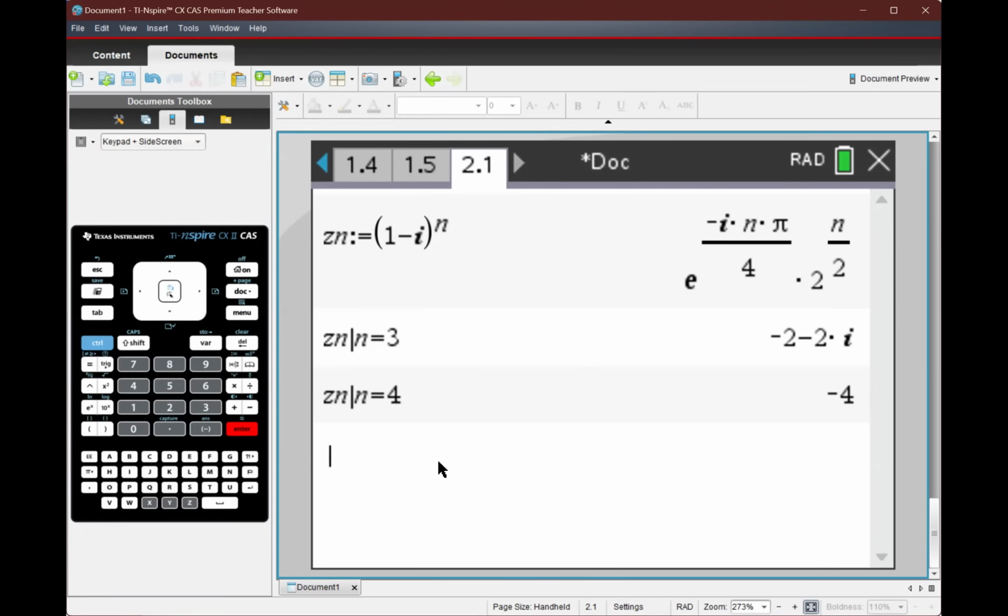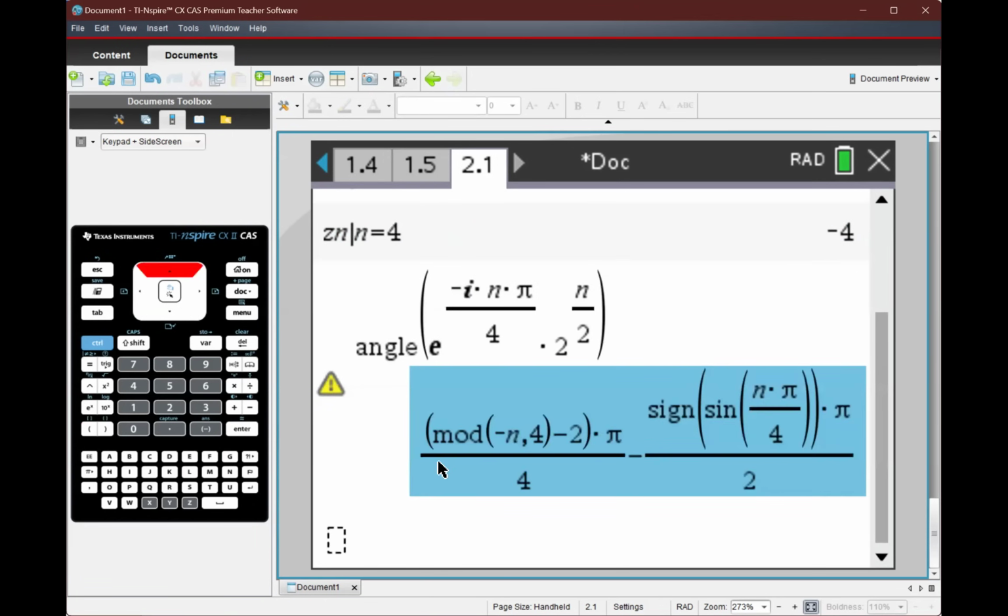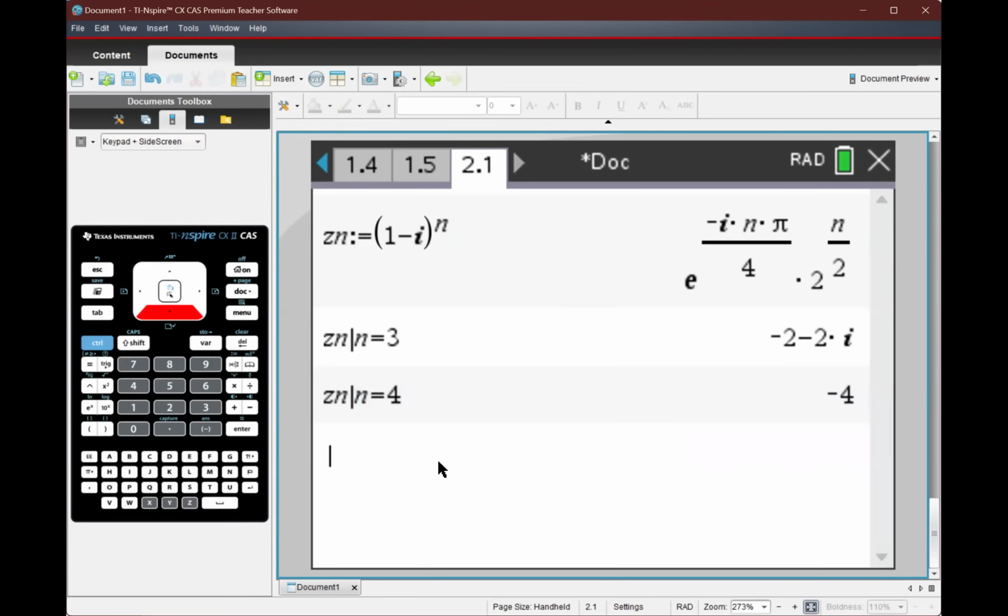Now if you try to get the angle of this, it's a bit ugly, but I can just get minus n pi over 4. Let's do this.